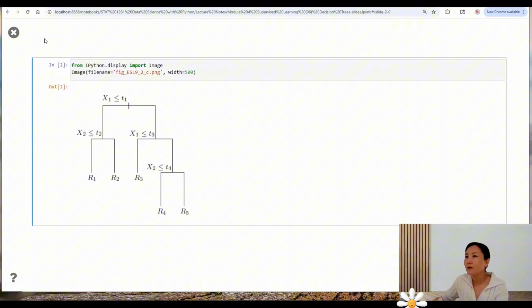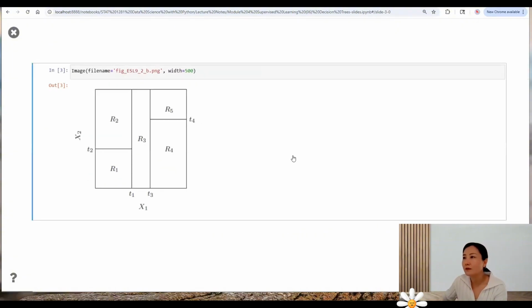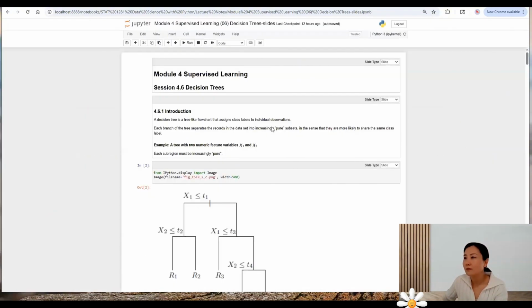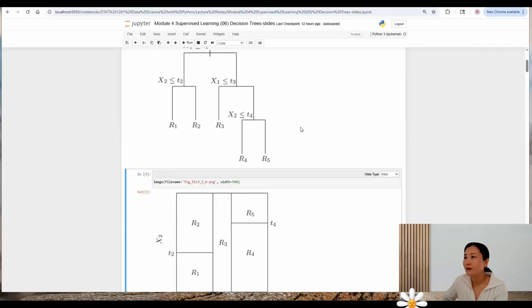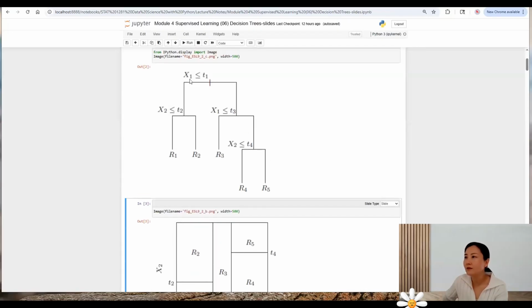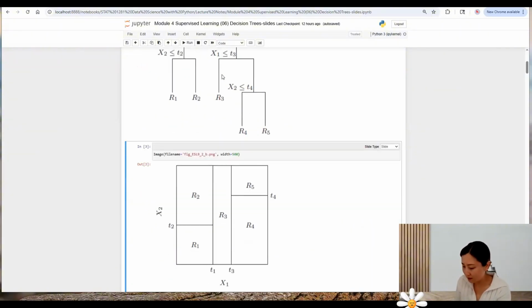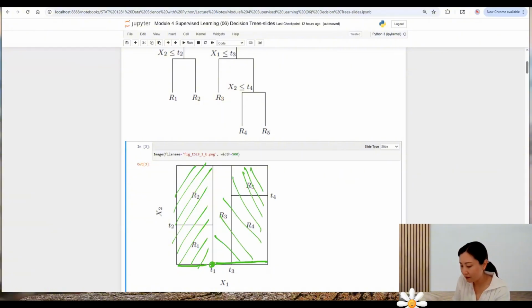If I put them together, you can see that the first split is done using x1 with threshold t1. So the first split happens here. This is the overall left branch, and this is the overall right branch.